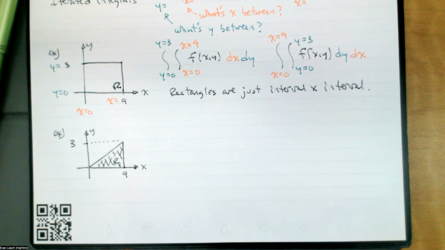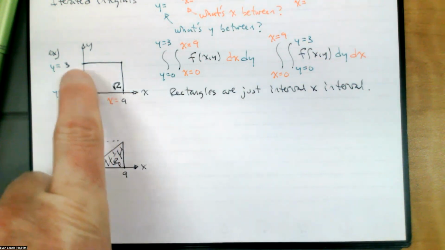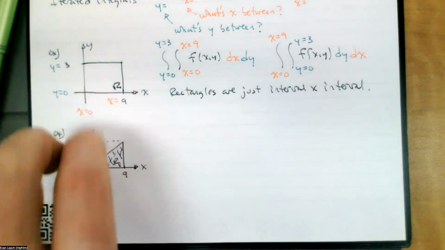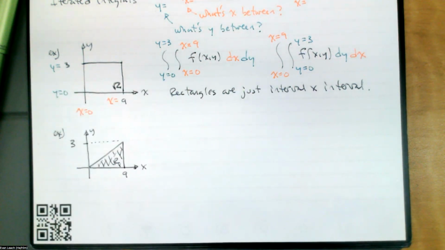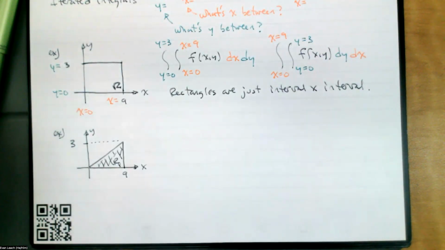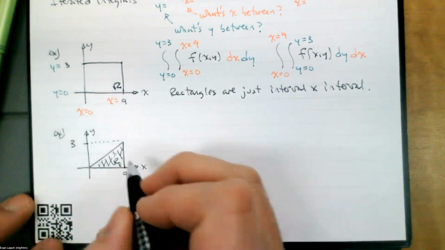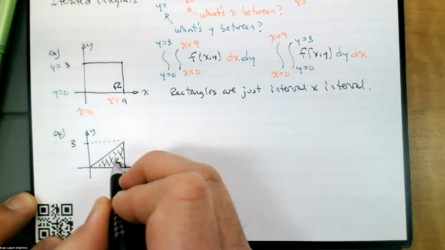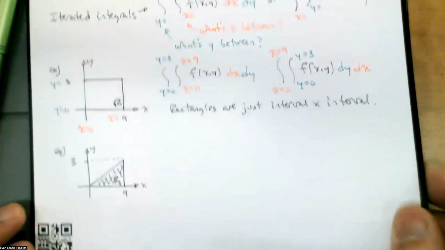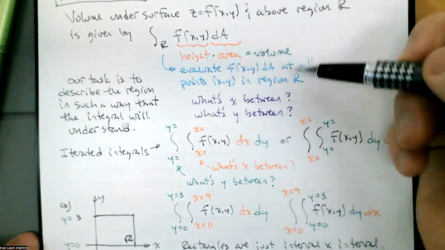X from 0 to 9 and y from 0 to 3 only describes this rectangle. But that's not our region. Our region is this bottom half of the rectangle. Question? Capital R is just for region. That's just the name of the region. So up at the top, we're integrating over some region R.